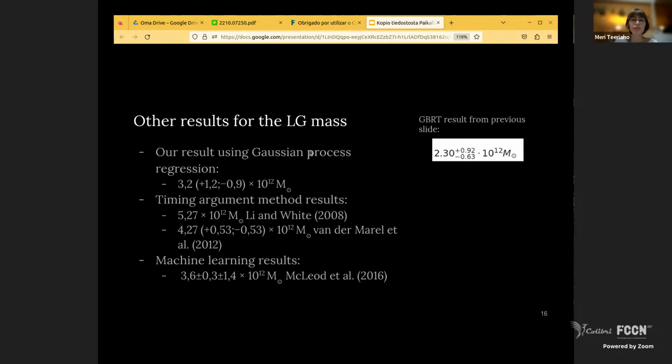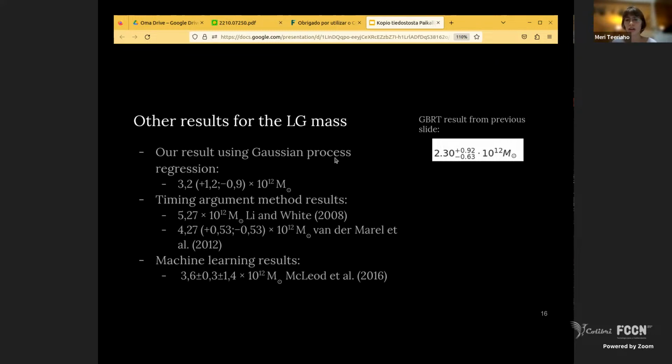And then some other results for the Local Group mass. So I used the gradient boosting regressor 3 algorithm in my bachelor thesis. And this is the result from the previous slide. Actually, this is not a correct value because I have a unit mistake. So I just use this value to show you how the algorithm works.